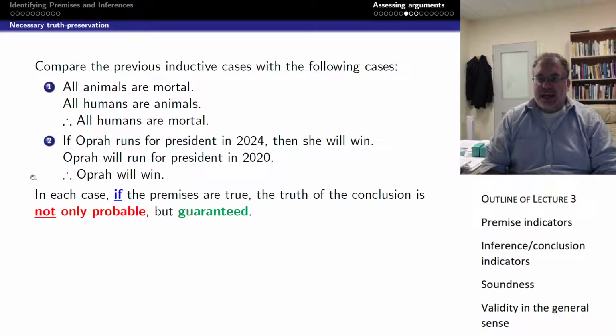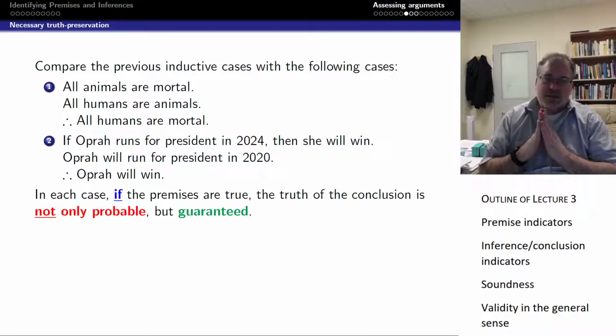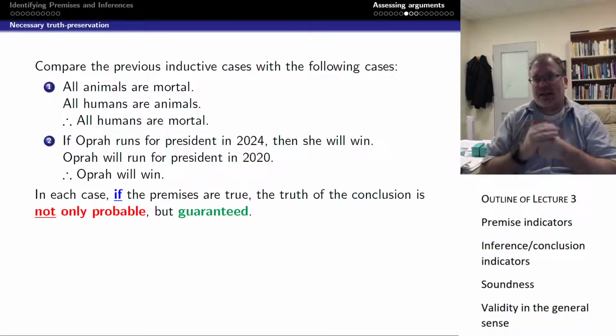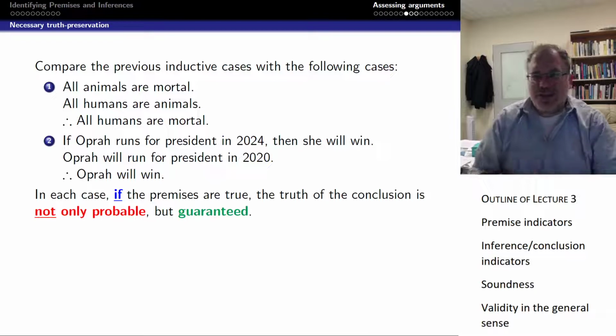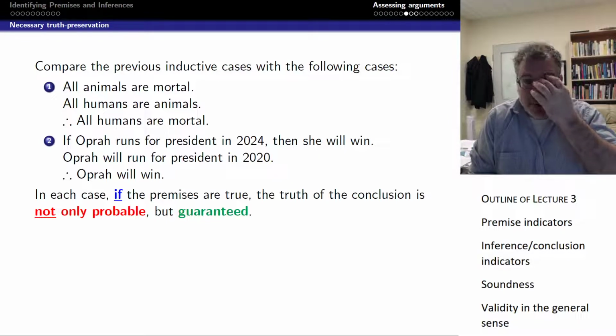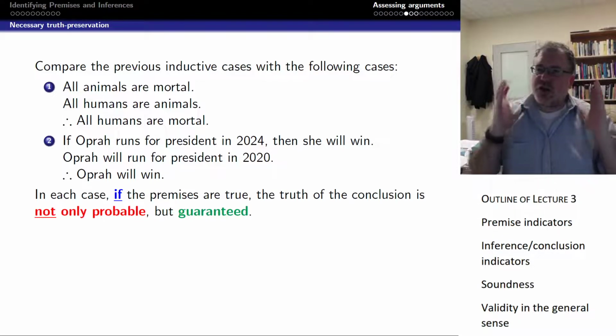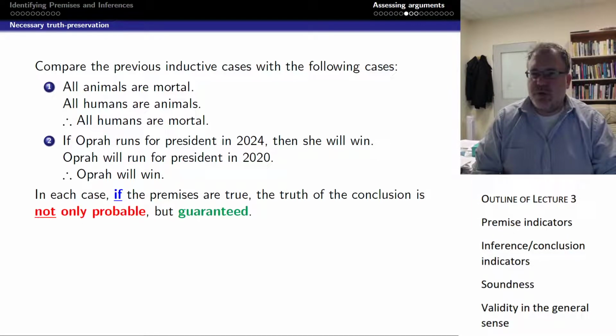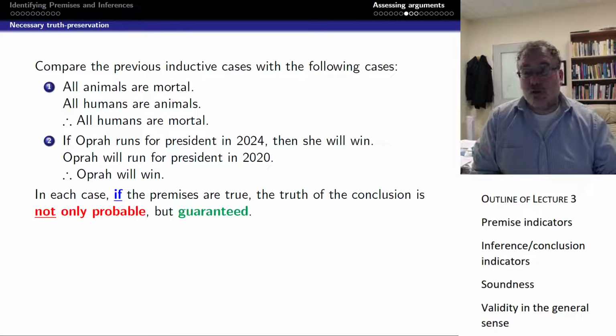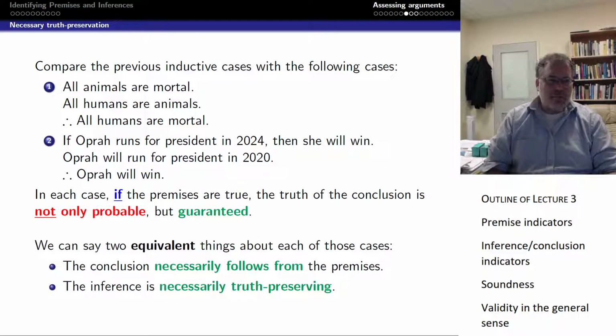In each case, if the premises are both true, it's not just probable that the conclusion is true. It's guaranteed. Right? And this is what deductive arguments are about. And this is the sense in which deductive arguments are the strongest possible arguments you can provide for a conclusion. Okay?